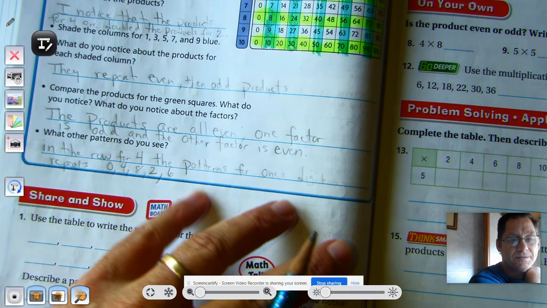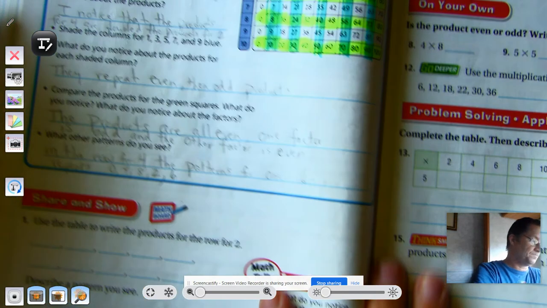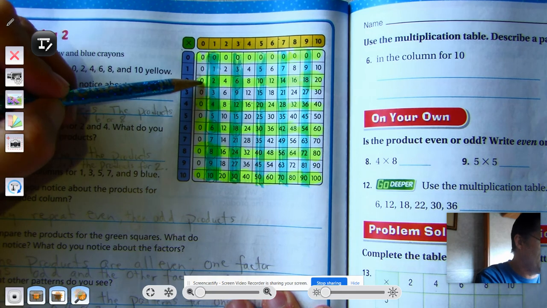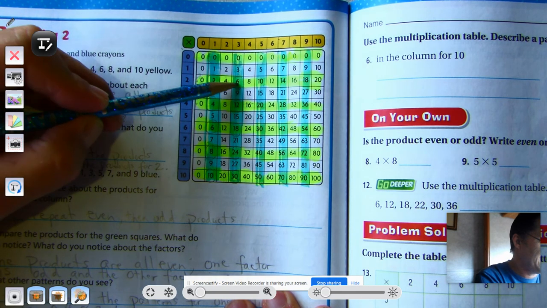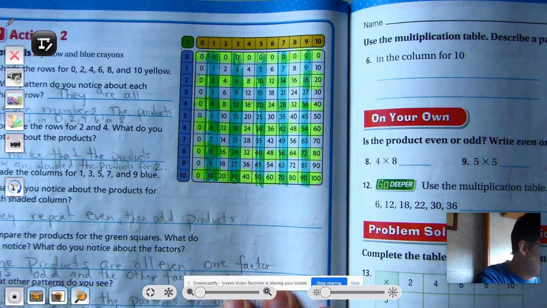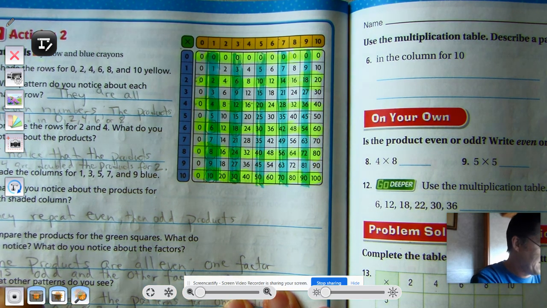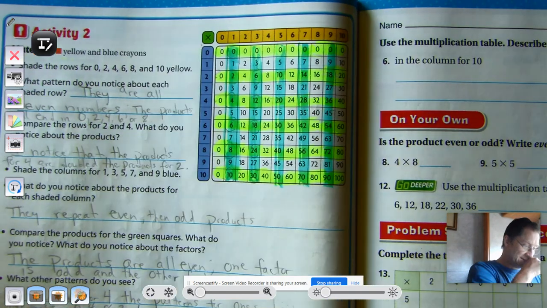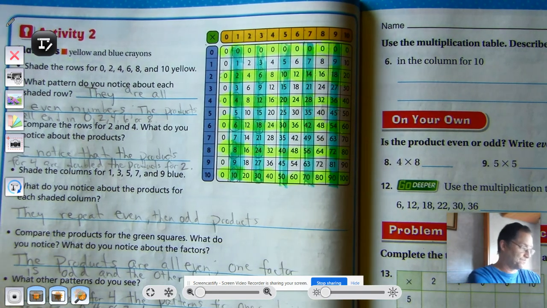Use the table to write the products for the row for 2. Okay, so we look for the row for 2, and we notice that it's 0, 2, 4, 6, 8, and so on. So 0, 2, 4, 6, 8, 10, 12, 14, 16, 18, 20. Describe a pattern you see.